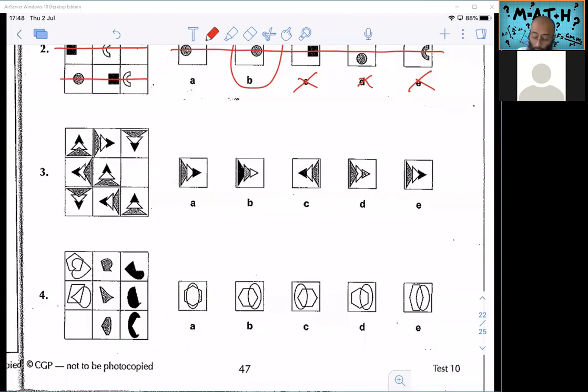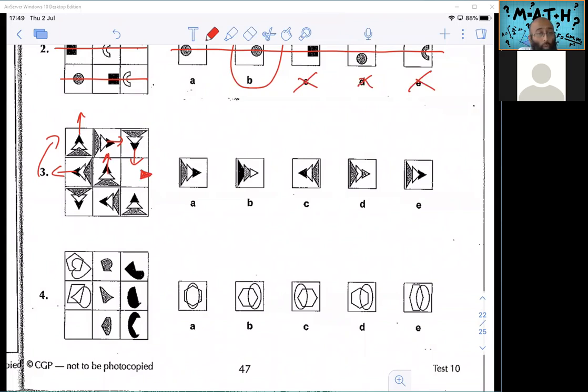Question number 3, let's have a look at what's happening here. We have 3 triangles pointing up, rotated 90 degrees clockwise, rotated 90 degrees clockwise again. So you're starting from here, moving to here, moving to here. Everything is moving in a clockwise direction by a quarter turn each time. So we start over here, then we turn it, we're facing up, then we turn again, we should be facing that way.